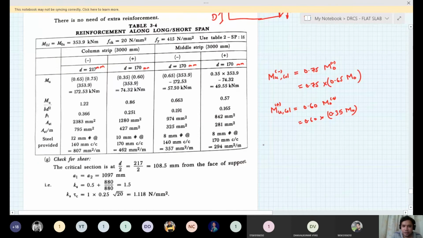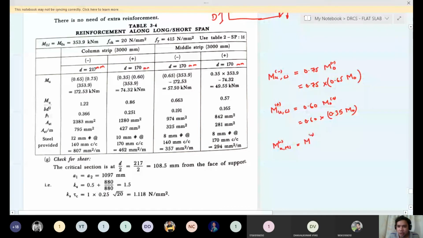And your negative reinforcement in the middle strip is equal to, you can write it as CS. In the middle strip it will be whatever the remaining moment is. Suppose the total negative moment is M naught, so M naught minus Mu minus CS.